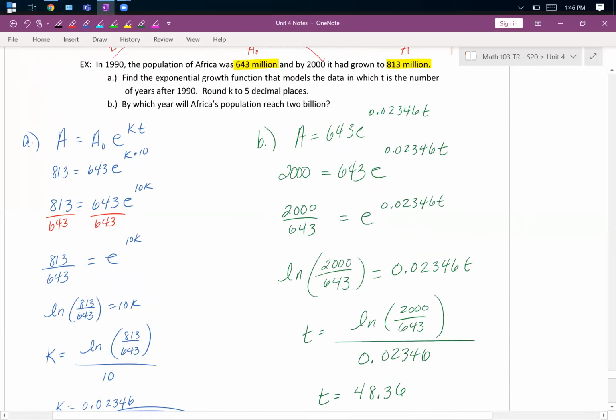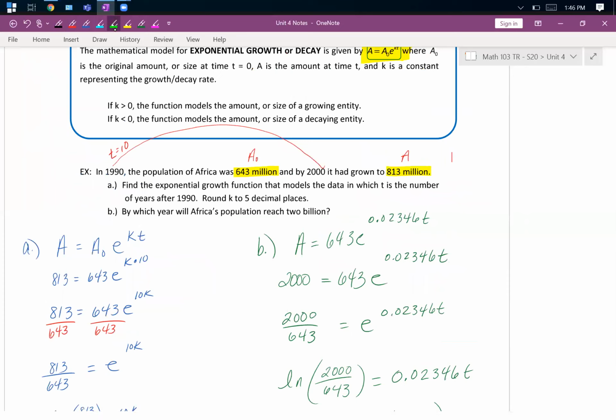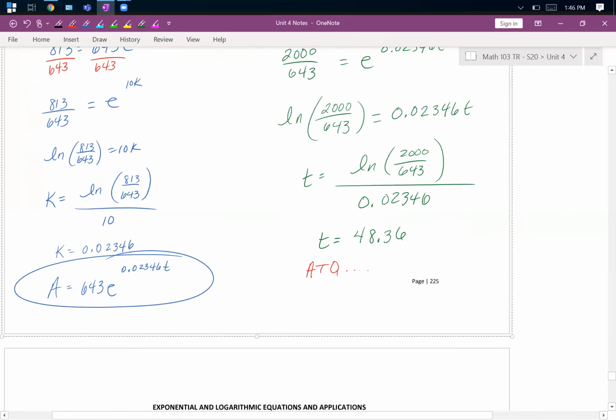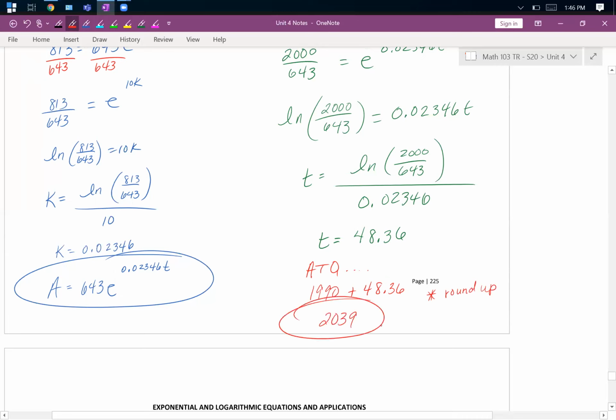But you're right, it is years. If we go back and read, it says T is the number of years after 1990. So to answer the question, we just need to take 1990 and add that 48.36. And remember, just like on the last one, we always want to round up here. So it actually ends up being the year 2039.